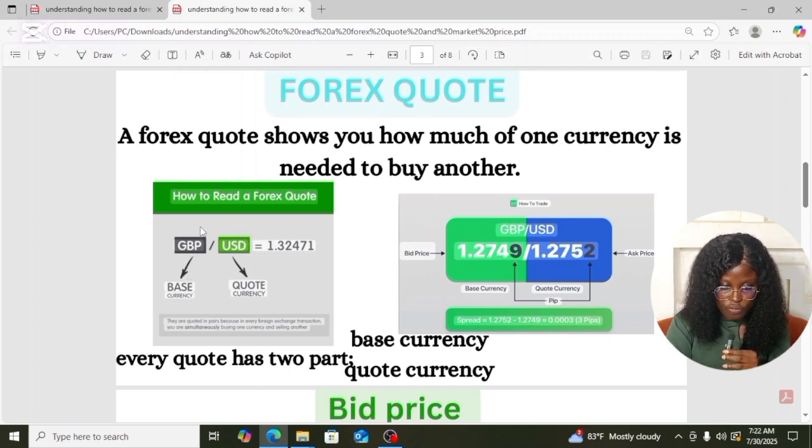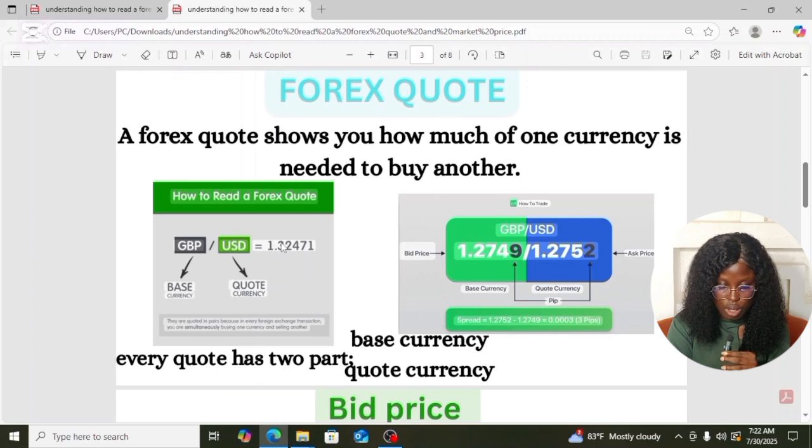For you to get 1 GBP, 1 Great Britain pound, you need 1.32471 US dollars, because the Great Britain pound is bigger than the USD. Sorry for the mistake. The Great Britain pound is bigger than the USD, so you need 1.32471 US dollars to get one Great Britain pound. Do you understand? So that's why.